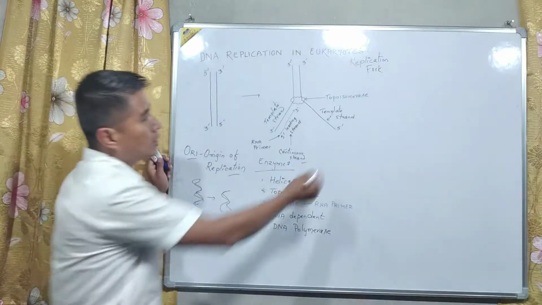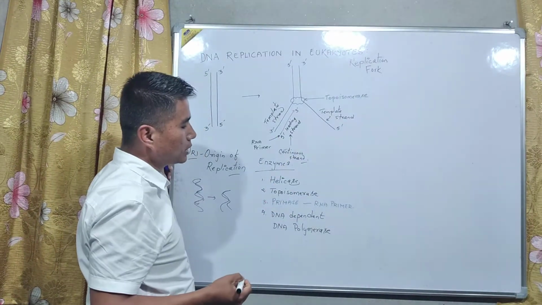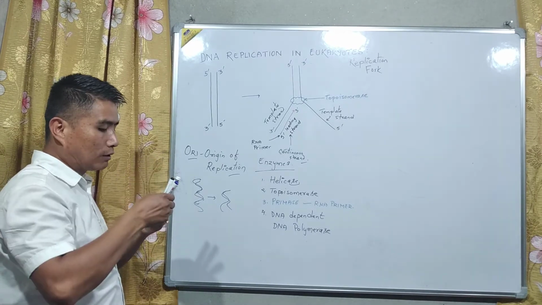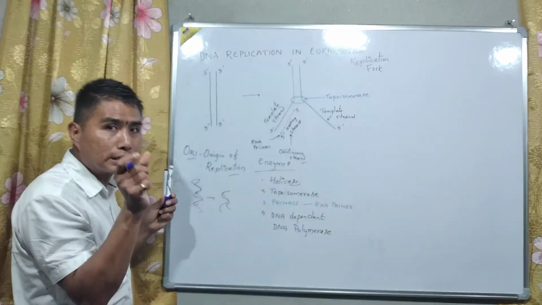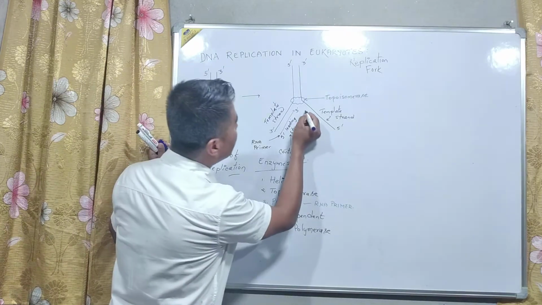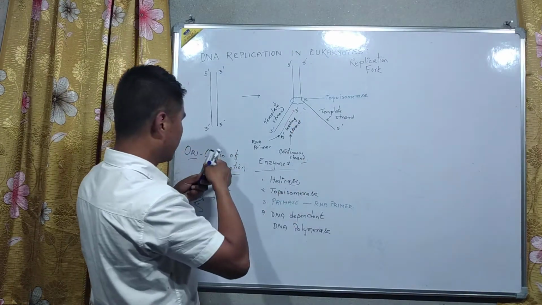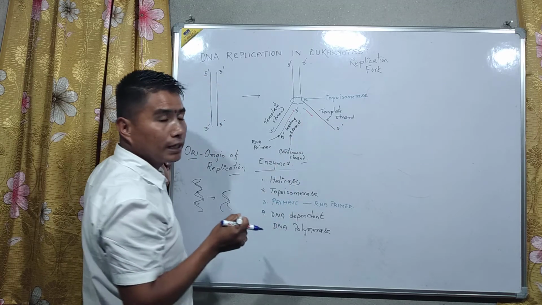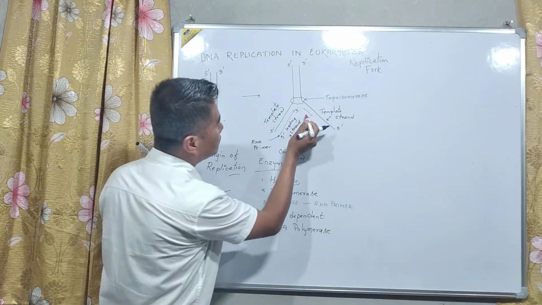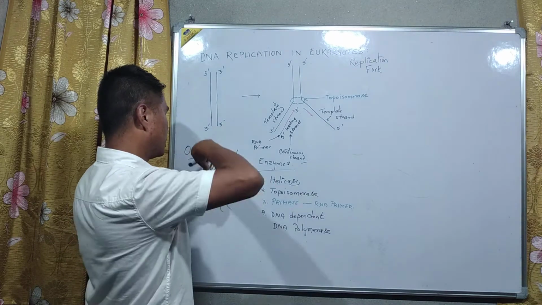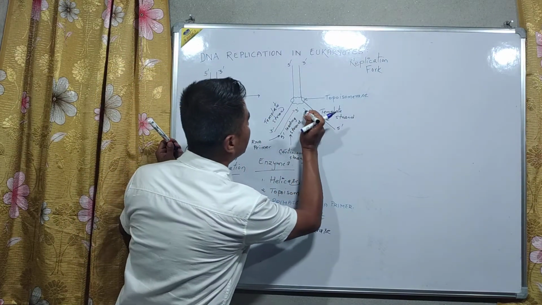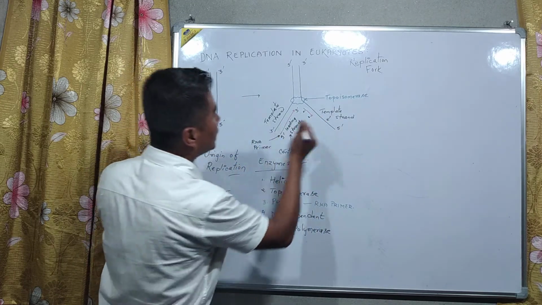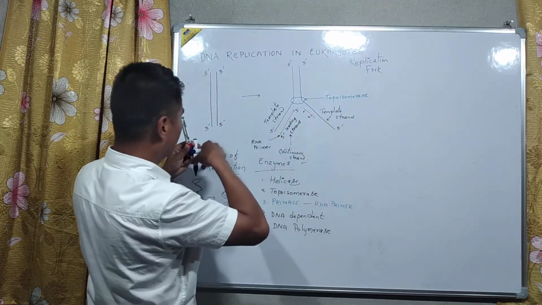Here the DNA polymerase cannot form a continuous strand, so it will form the new DNA strand in small segments with the help of RNA primer. This is the RNA primer, and again a small section of DNA will be formed here with the polarity of 5 prime to 3 prime. Again a small primer will be there.